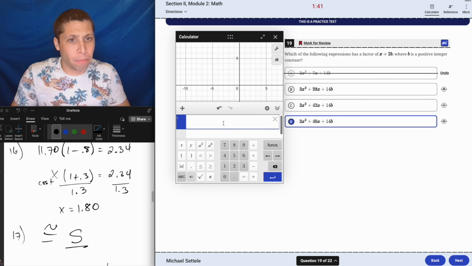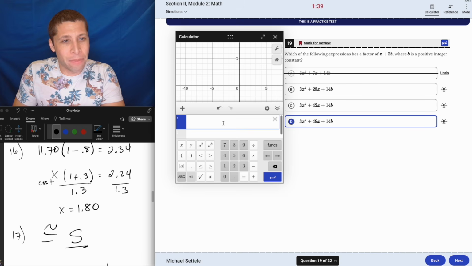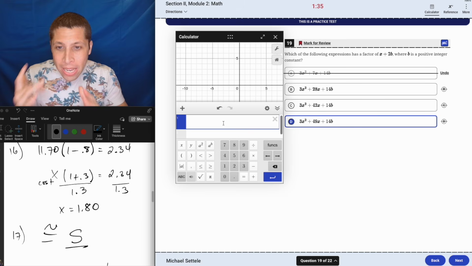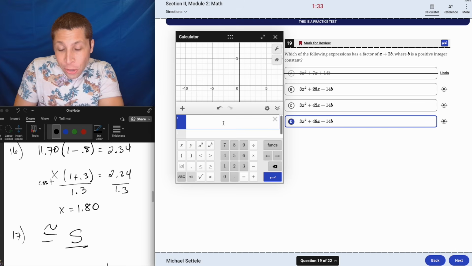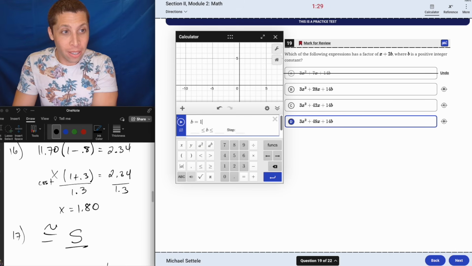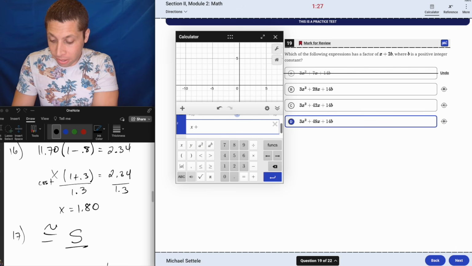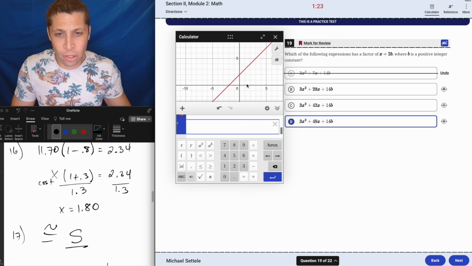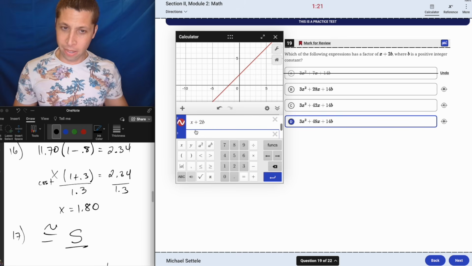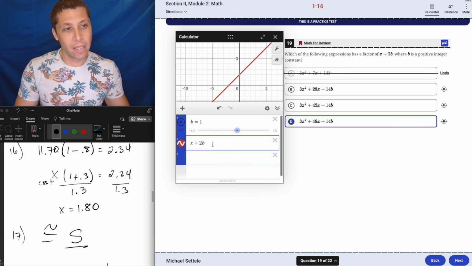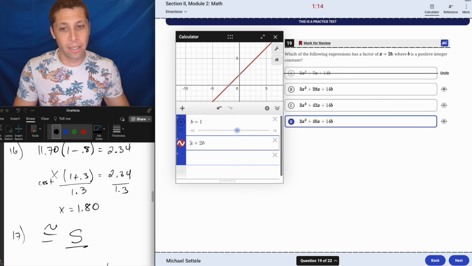Let's see if we can do this one. Which of the following has a factor of x plus 2b? Right? So the b doesn't matter. So can I do b equals 1 and then x plus 2b? So x plus 2b is a factor.